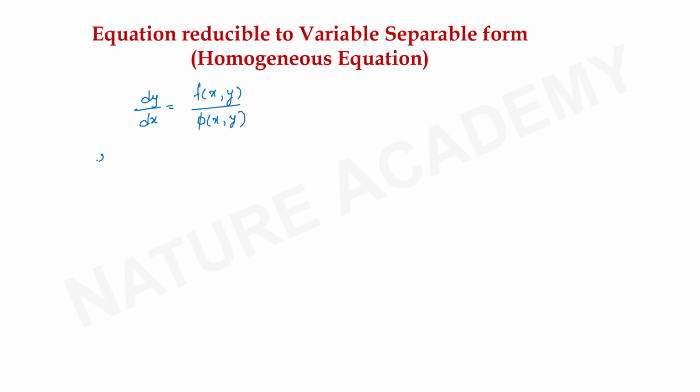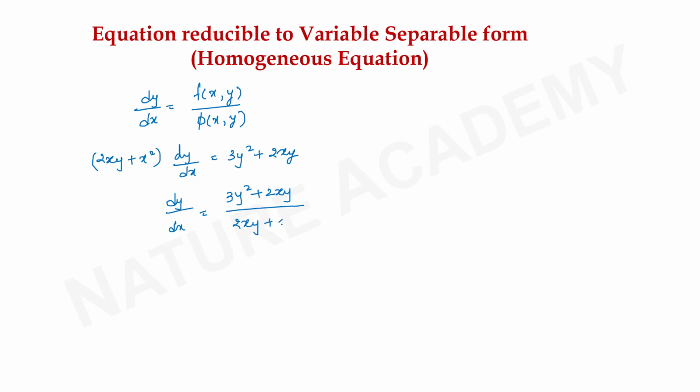For example, let us take 2xy plus x square into dy by dx. This is equal to 3y square plus 2xy. Or I can also write this in the form of f of x y by phi of x y. dy by dx is equal to 3y square plus 2xy divided by 2xy plus x square.